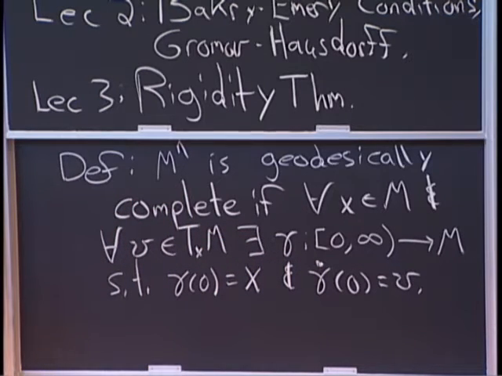So we have a distance function here. We can talk about metric completeness, right? So Cauchy sequences converging, blah, blah, blah. And this is the same thing as being geodesically complete. Okay. So basically, from this point forward, we're always going to assume geodesic completeness. This is not necessary. One can avoid this assumption, but it avoids technical complications, so why not?